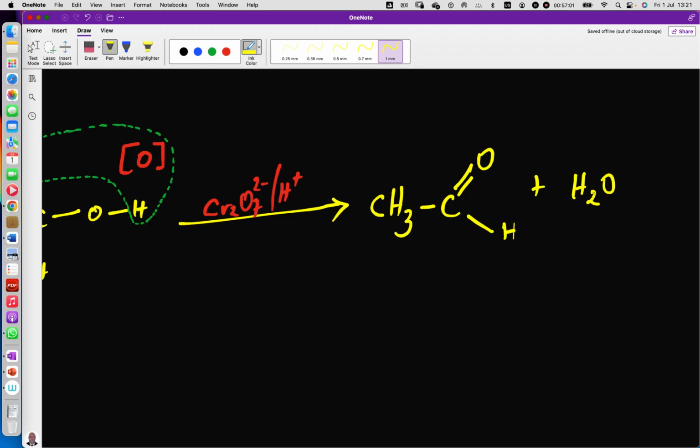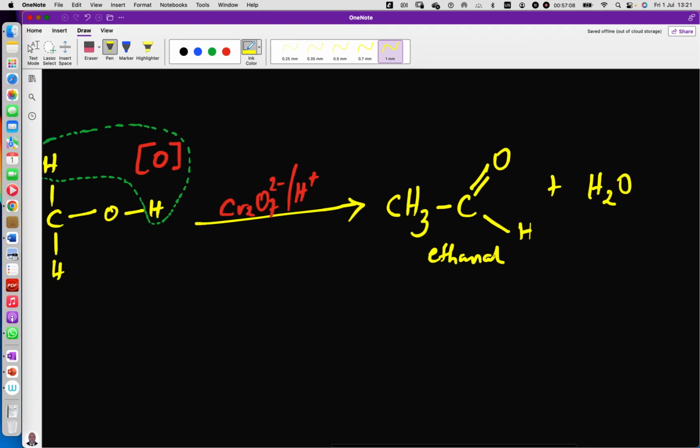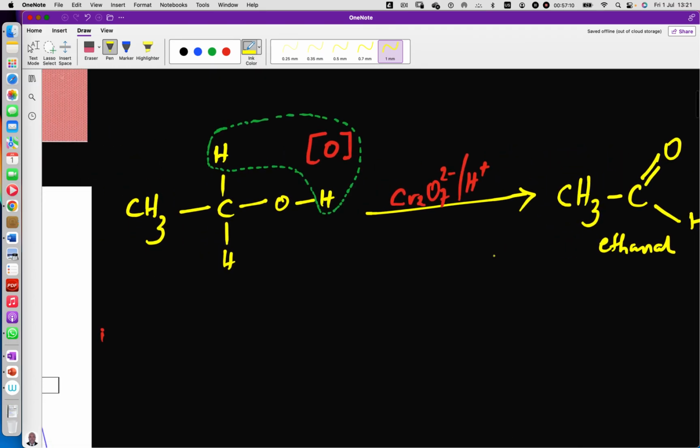This is ethanol. That is the oxidation of a primary alcohol. Call it a primary alcohol.